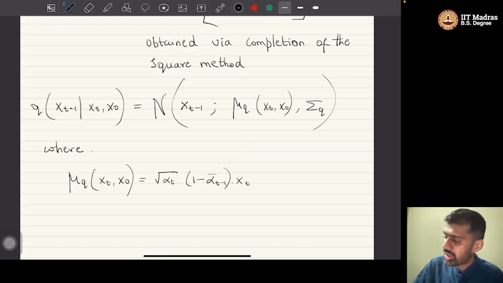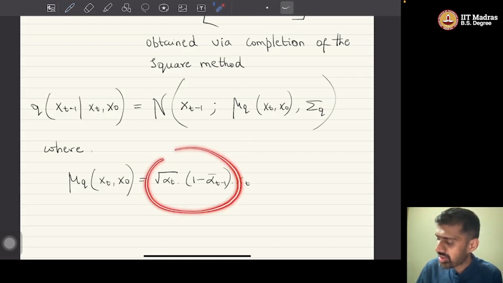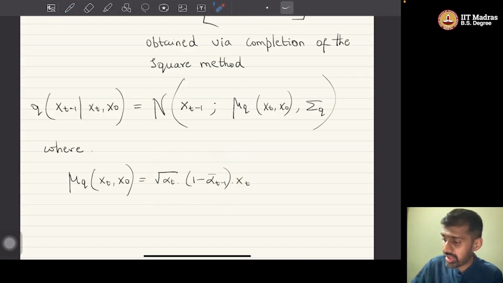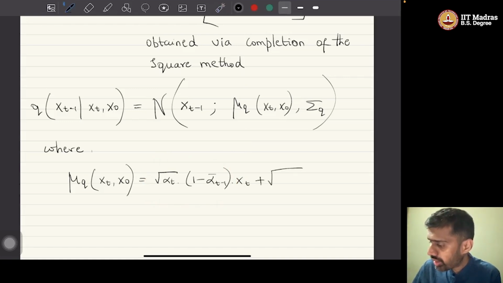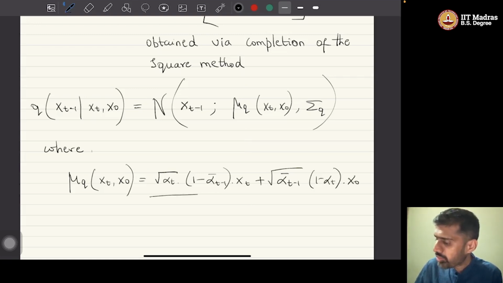Please note that these alphas are all scalars, they are just scaling a particular vector element-wise. Xt is a vector, plus root of alpha bar t minus 1 into 1 minus alpha t times x naught, divided by 1 minus alpha bar t.